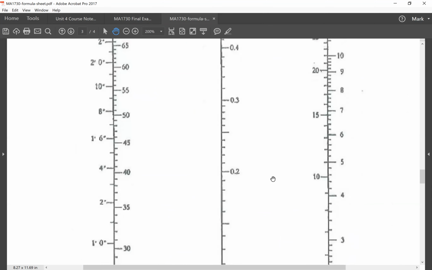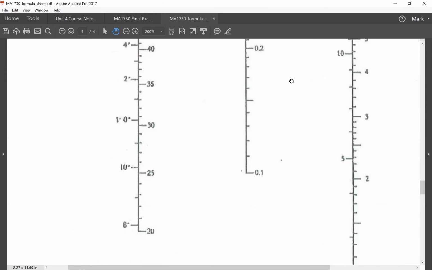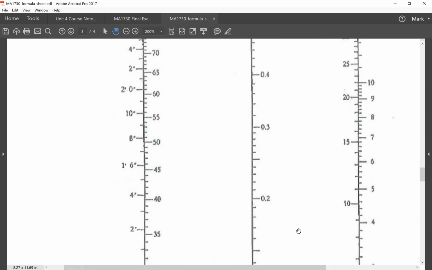Now, there's a problem here because if you look, there's no inches on this chart. So what I would do is I would take the 29 inches and change it to centimeters. If you're dealing with a child, you could change this to feet and inches. I showed you in class how to change from inches to feet. It's a little bit more challenging than inches to centimeters.